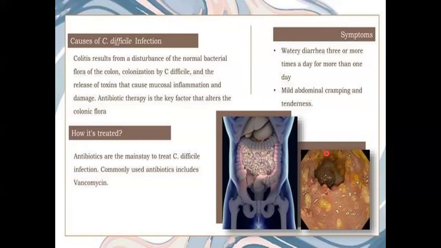Once you have this, you start having watery diarrhea. So if you see a question that tells you a patient has been misusing antibiotics or using antibiotics for a prolonged period, you know the answer is Clostridium difficile.